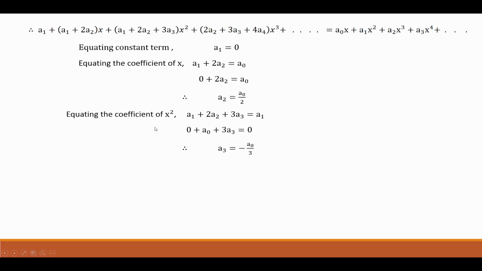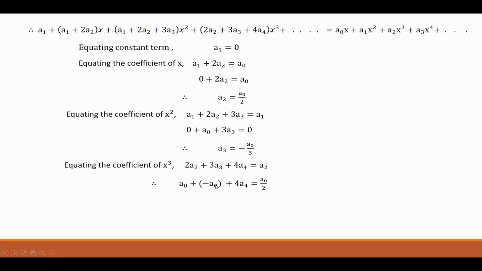Now equating the coefficient of x cube: 2a2 plus 3a3 plus 4a4 equal to a2, the coefficient of x cube on the right. Now put the values here: 2a2 is a0, plus 3a3 is minus a0, plus 4a4 is equal to a2, equal to a0 upon 2.